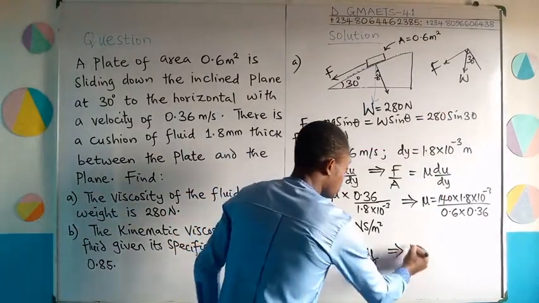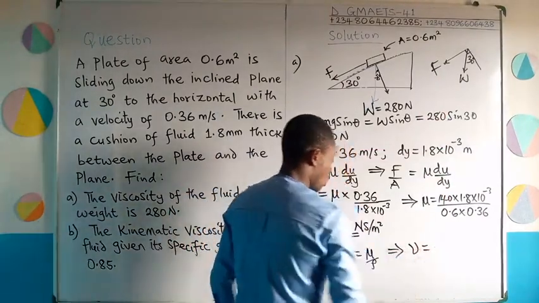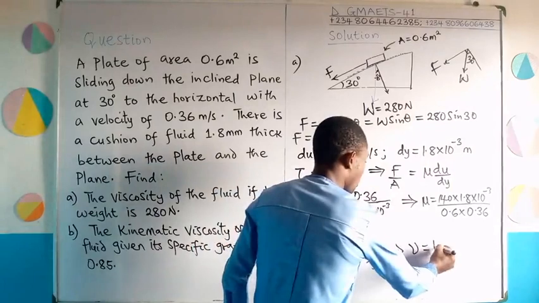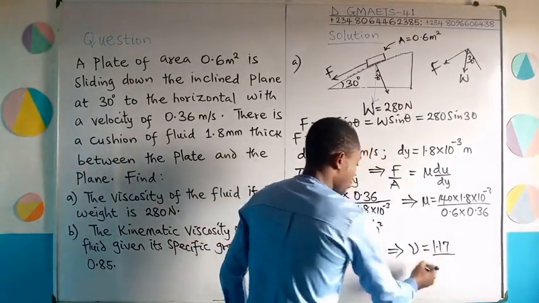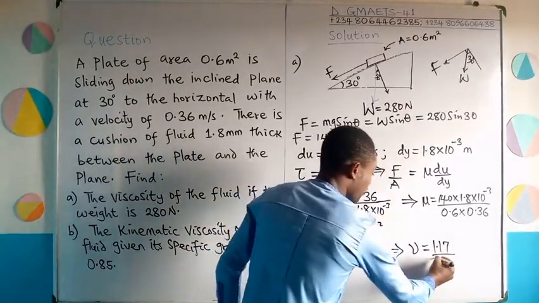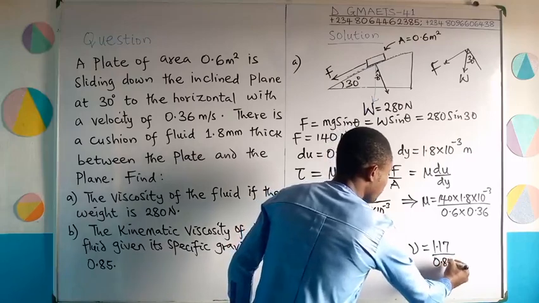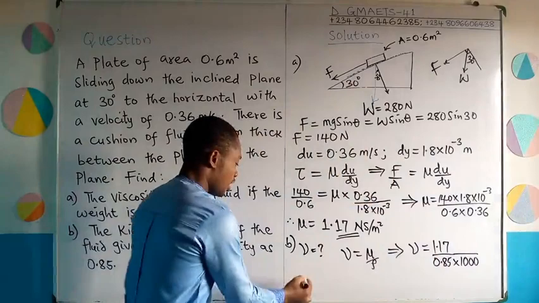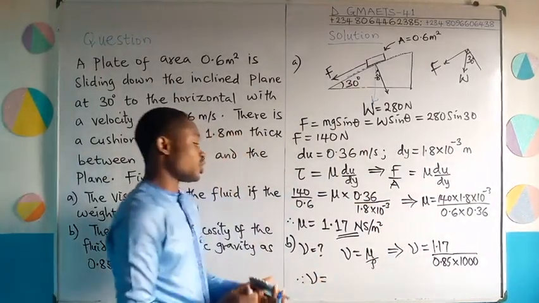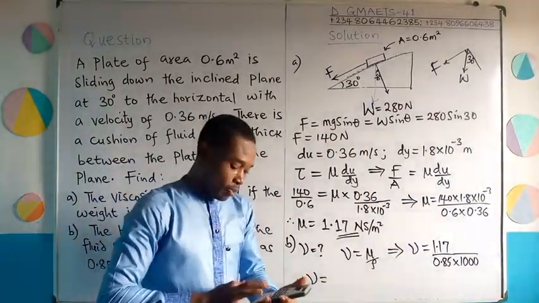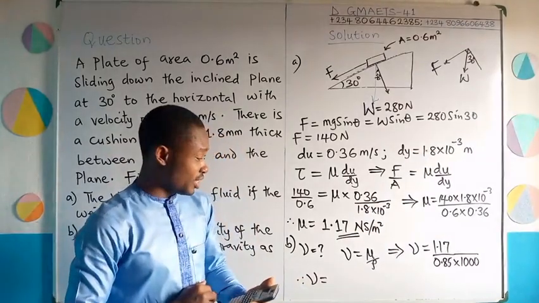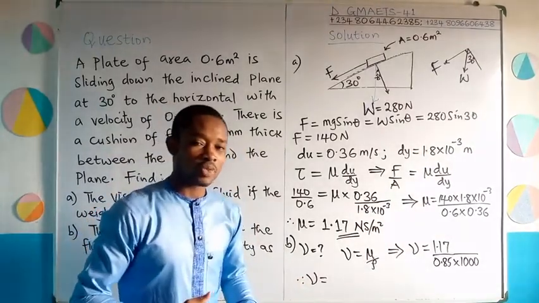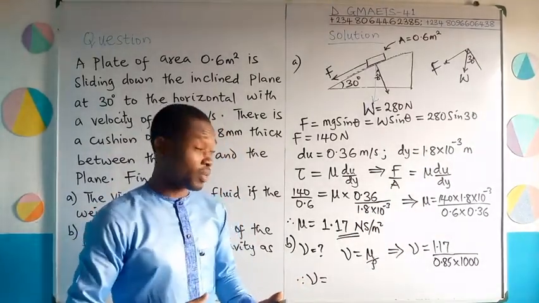Is that okay? This means that the kinematic viscosity is equal to the dynamic viscosity, which is 1.17, divided by the specific gravity, which is 0.85, multiplied by the density of water, which is 1000. In conclusion, we can reach out for a calculator and press that. 1.17, we are dividing it by 0.85 times 1000, which is 850, right?